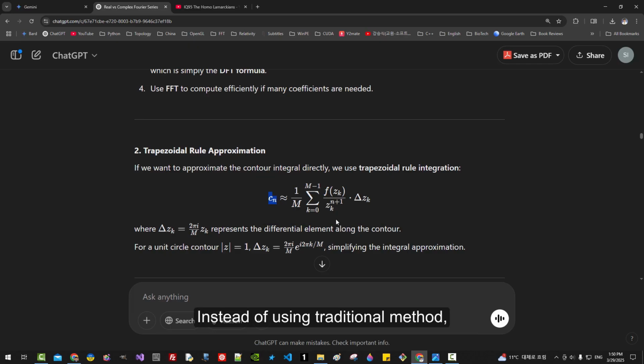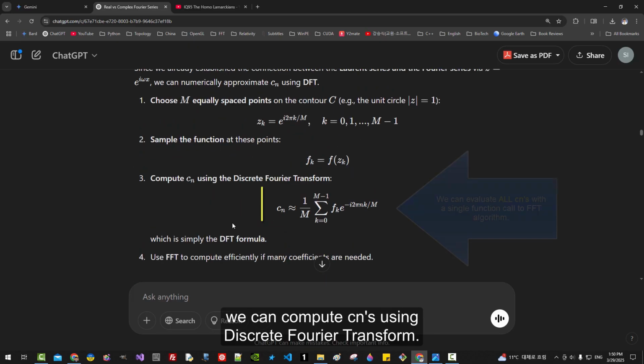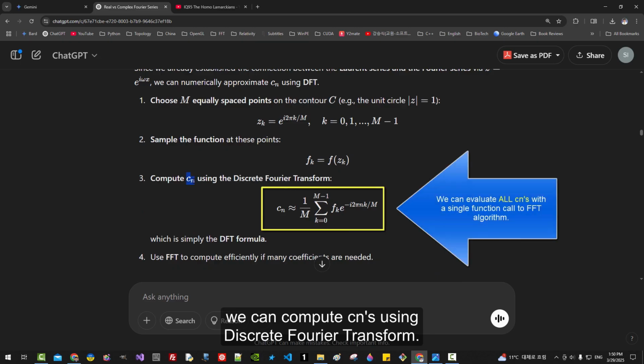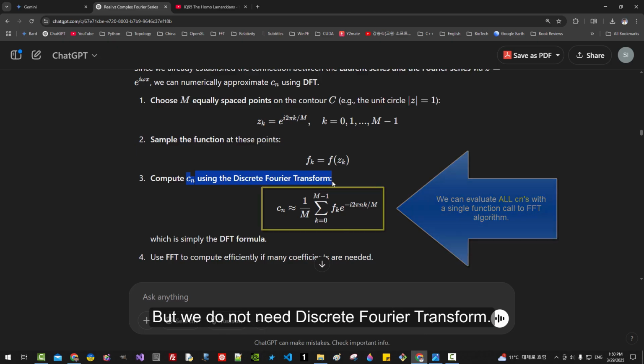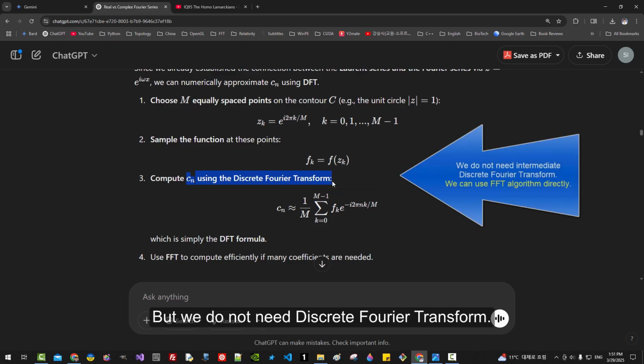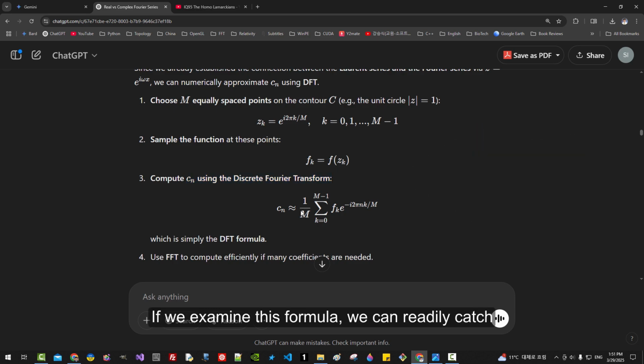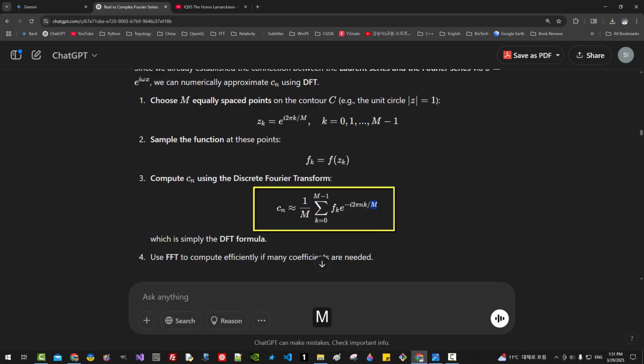Instead of using the traditional method, we can compute Cn using the discrete Fourier transform. But we do not need the discrete Fourier transform; we can use the FFT algorithm directly. If we examine this formula, we can readily catch the m-th roots of unity.